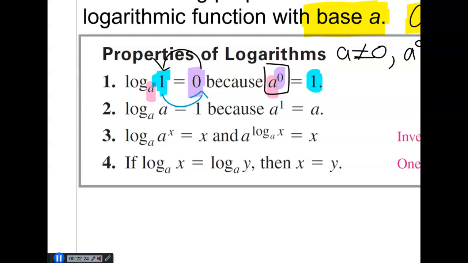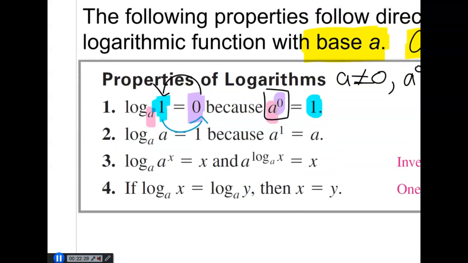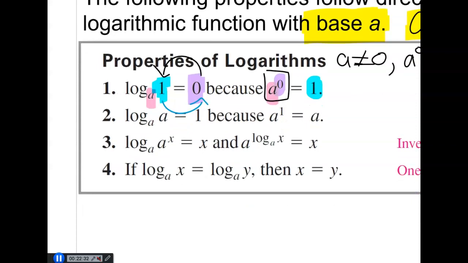Okay, next one. This is my favorite because you could just literally make things disappear. So if you are taking the log of a number, here in this case A is the number, and the base happens to match that number, then the answer to that will be the exponent of the argument. And if we don't see an exponent, we know it's a 1.